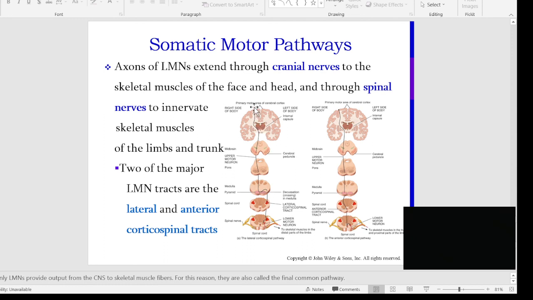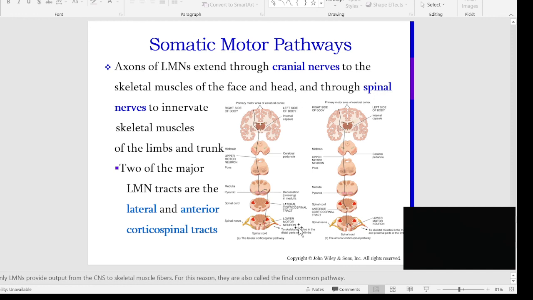In the motor pathway, it descends to the brainstem. This is the first, the upper motor neuron. In the medulla, at the pyramid, it crosses, then goes down toward the effector organ, depending on which tract the response takes.